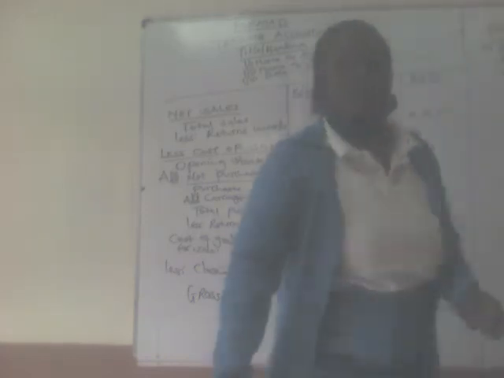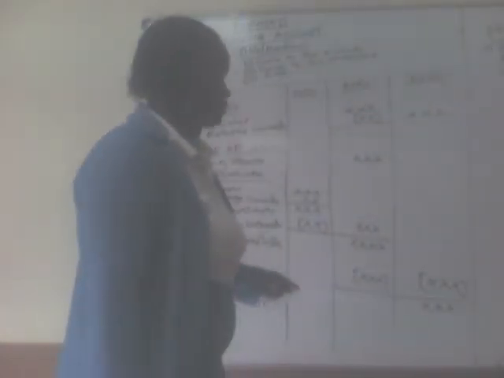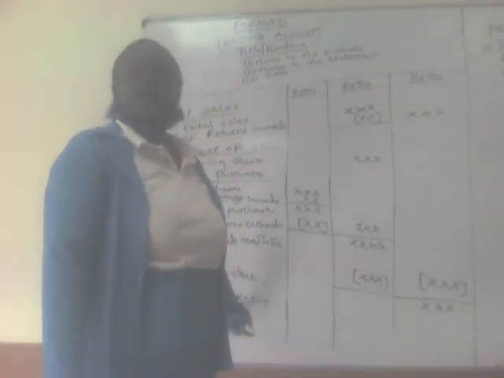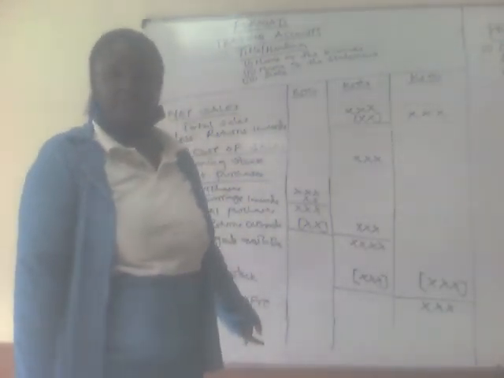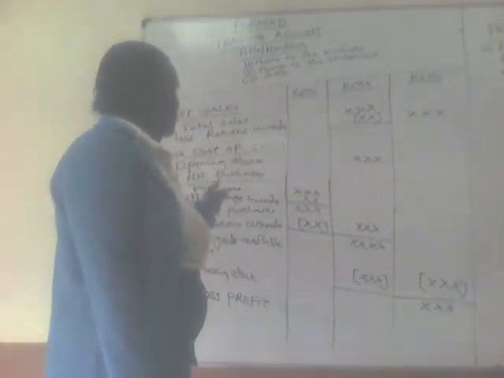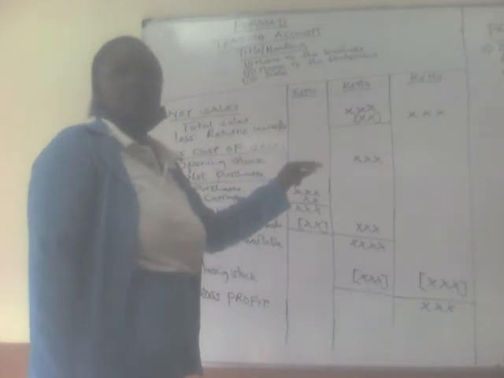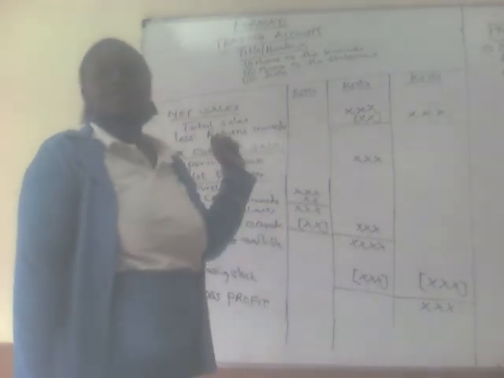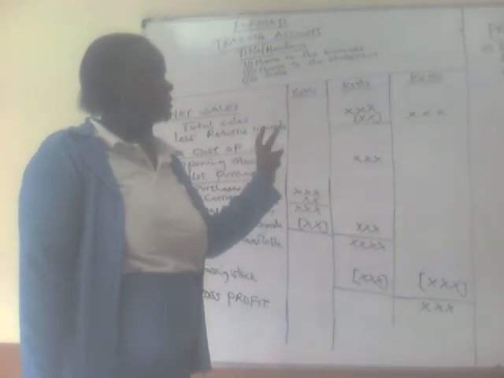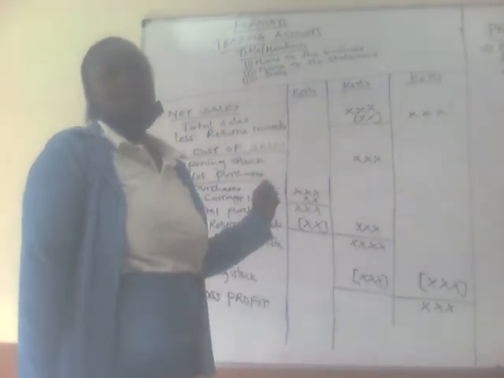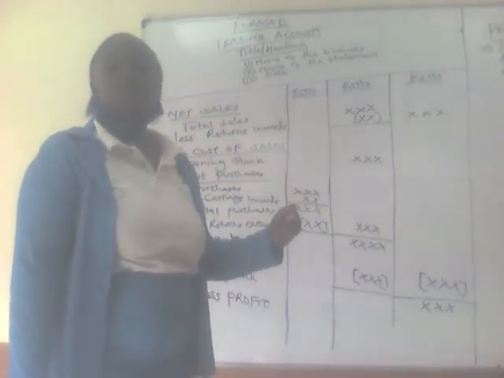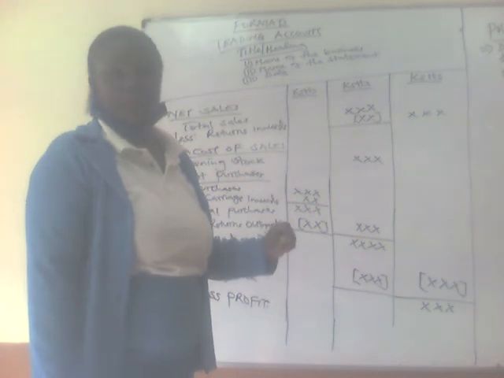So you must make sure that you have come up with the gross profit. If, for example, instead of the net sales being more than the cost of sales, the cost of sales are more than the net sales, which means instead of getting the gross profit, we are going to get the gross loss.